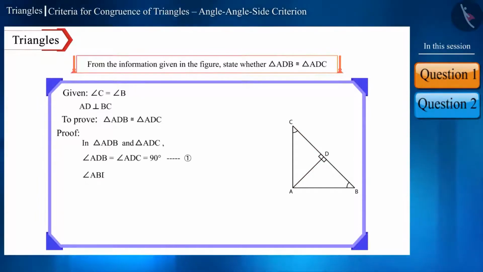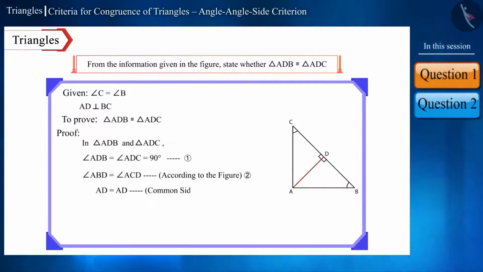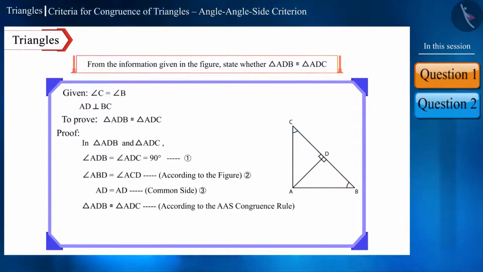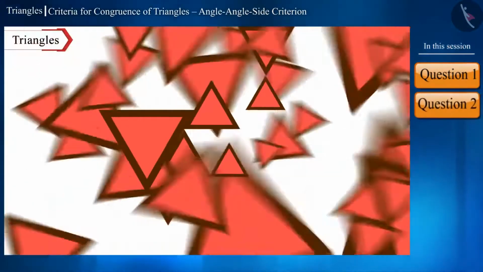According to the figure, both angle ABD and angle ACD are also equal, and side AD is the common side. Here, two angles and one side are equal, so both these triangles are congruent according to the angle-side criterion or AAS for triangles.